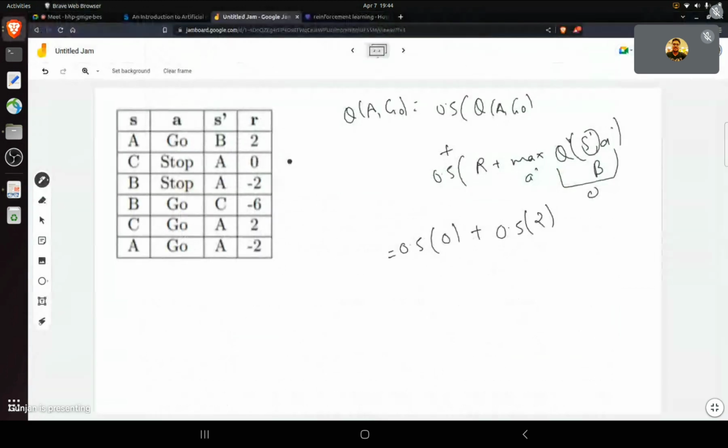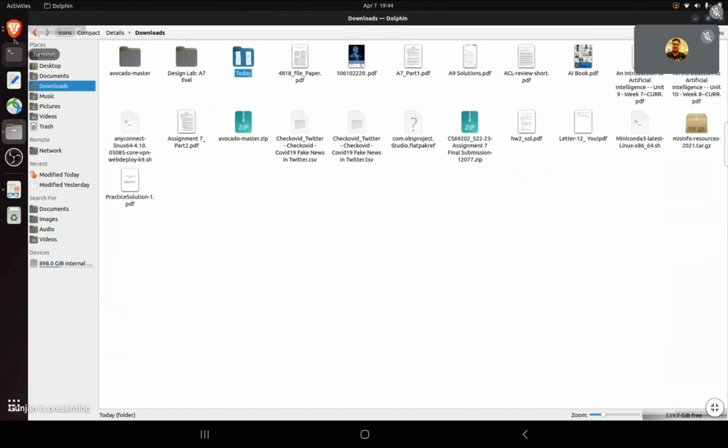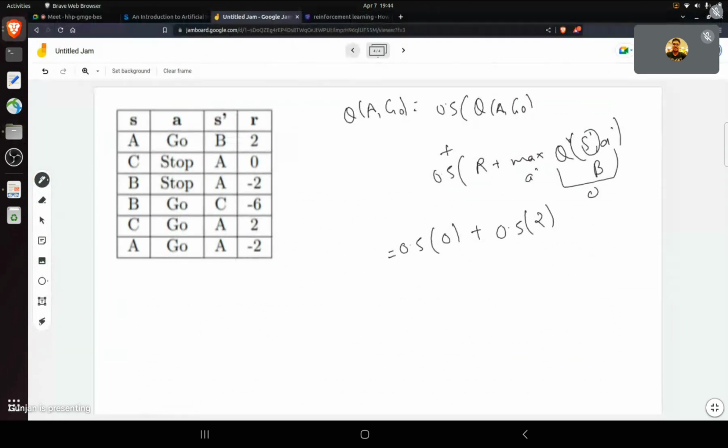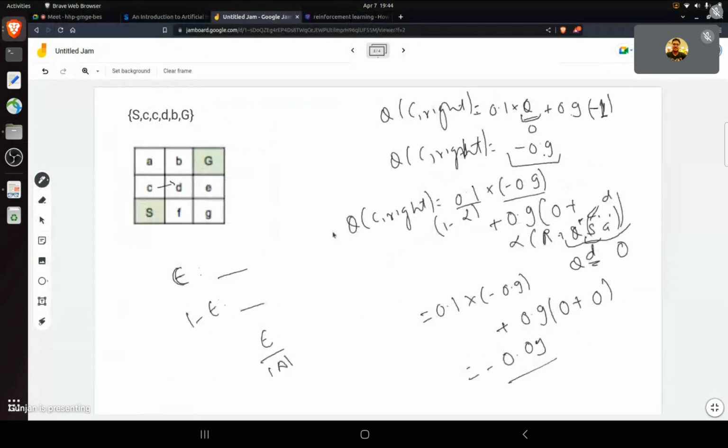See, in Q learning, we update after generating every example. If you remember, in the previous step also we updated after every sample, because that's what we did here, right? Otherwise, the final value of Q(C, right) would just be minus 0.9. We did Q(C, right) twice.